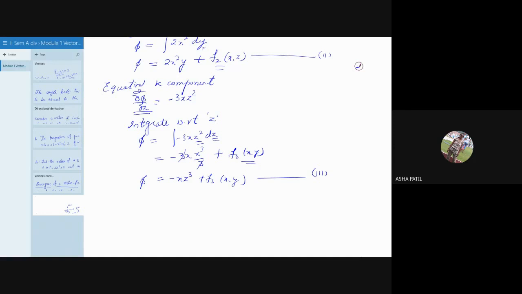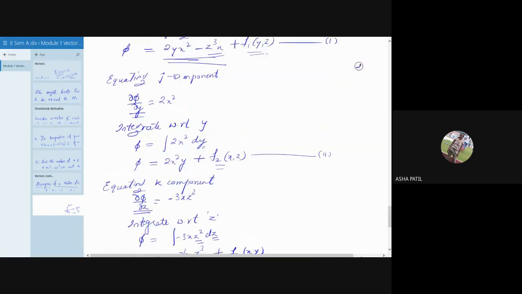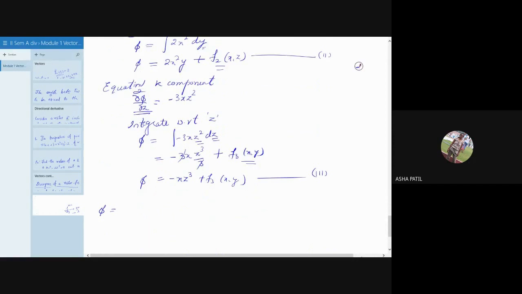So we have got 3 equations of φ. Let me write them all because I can't see. What's the first equation? 2x²y minus xz³ plus f1 of yz.